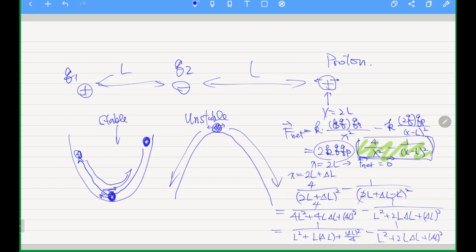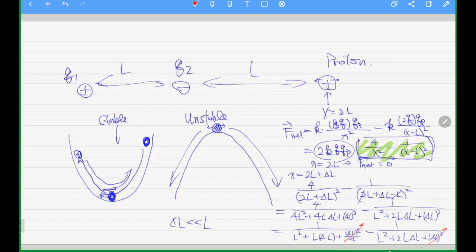Here we assume delta L is much smaller than capital L, which means that we can ignore this square term. You can simply imagine if L is 1 meter, this is 1 millimeter, then if we take the square, this term will be very, very small, much smaller than this term. So we can ignore the final term.